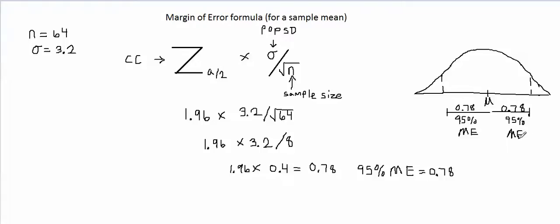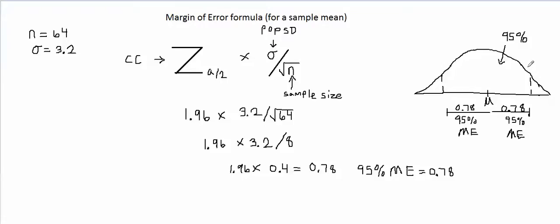What this 95% margin of error of 0.78 is telling us is that when I randomly select my sample of 64 people and I calculate the mean of my sample, 95% of the possible samples that I could select will have a sample mean somewhere in this area right here, between this boundary point and this boundary point.